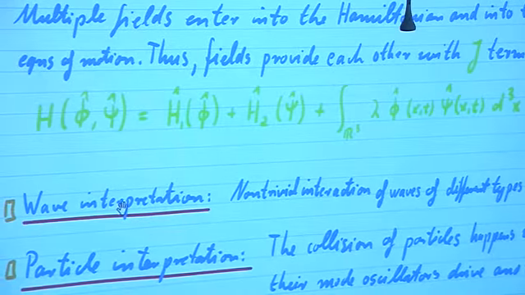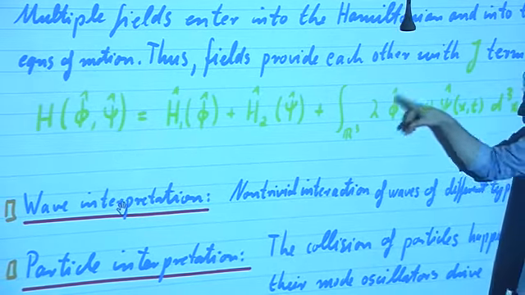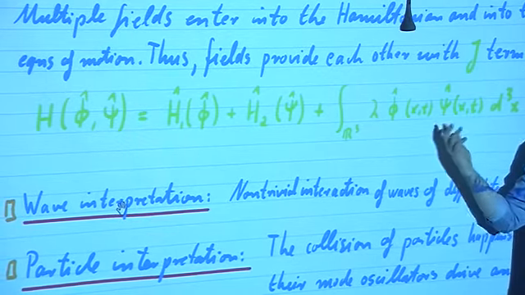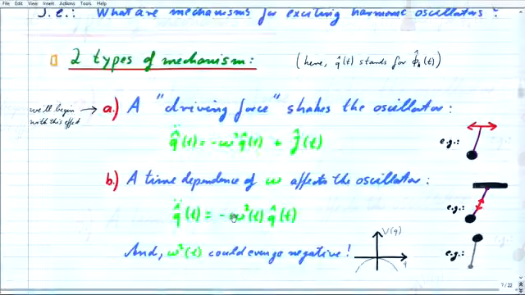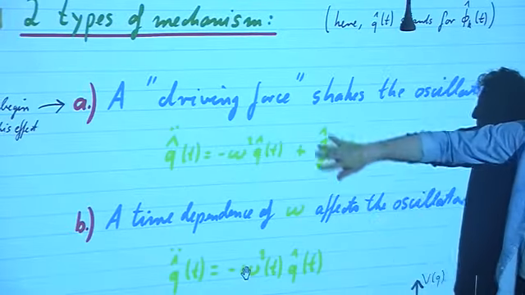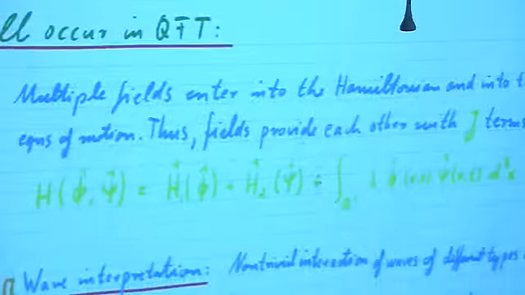But a term like this is different, because it will turn out that a term like that can be viewed as an external driving force for each of the fields. If you remember how an external driving force looks, it's the usual harmonic oscillator, and then you have here an external driving force term, and that's what this gives you.